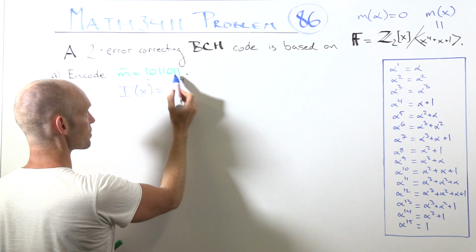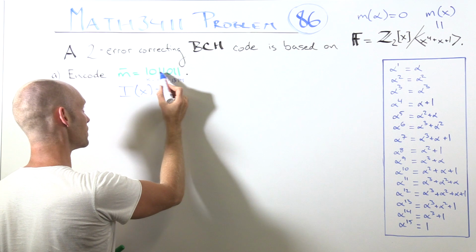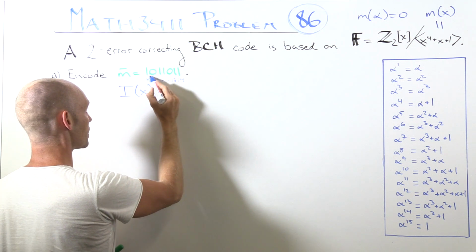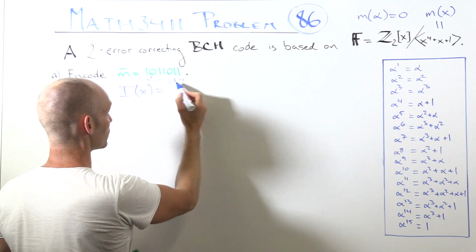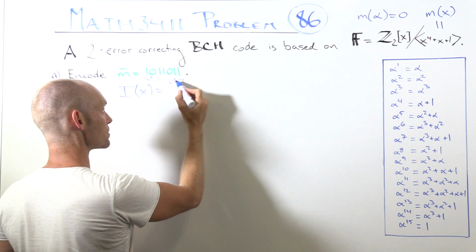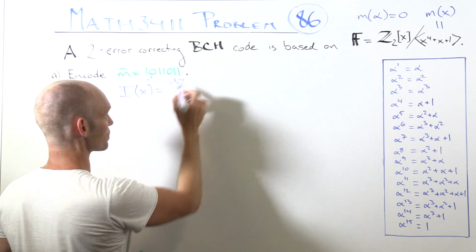So this is 13, 12, 11, 10, 9, and 8. So these are the coefficients in front of the monomials x to the power of 8, x to the power of 13, 14, and so forth.